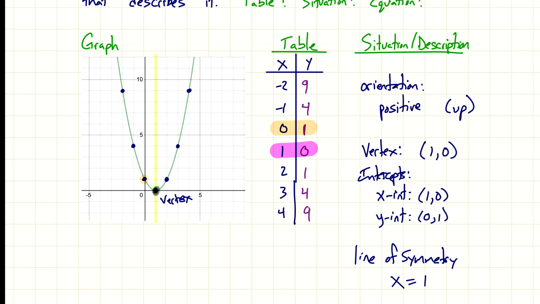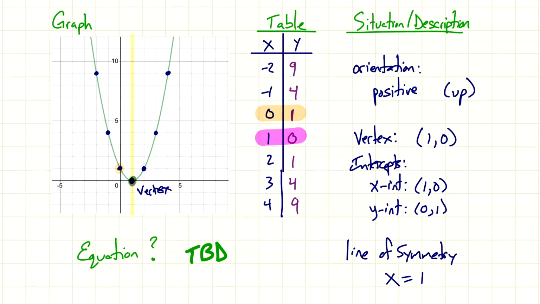So really the question is, what's the equation of this? We have everything except the equation. Let me write it like this: to be determined. We don't know yet. That's what the next lesson is going to start focusing on: if we have all this information, can we figure out what the equation is?